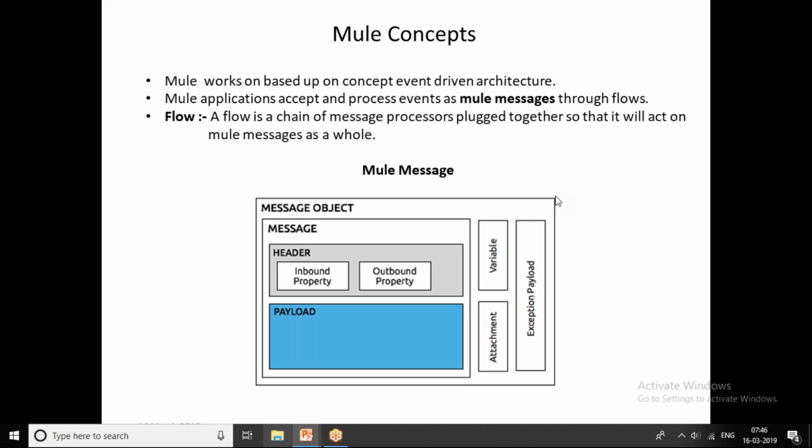For a message object you will see an actual Java representation. Inside that message object you will see a Mule message. So again, this is a confusing part. The message object comes into the picture, and inside that you will see a Mule message. So what exactly is the outer message, and what is mentioned inside this portion?